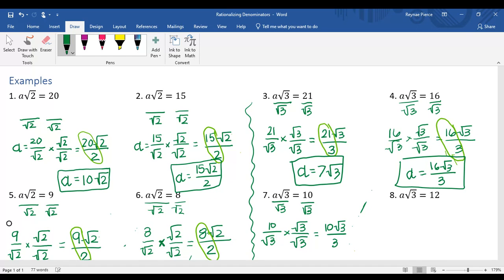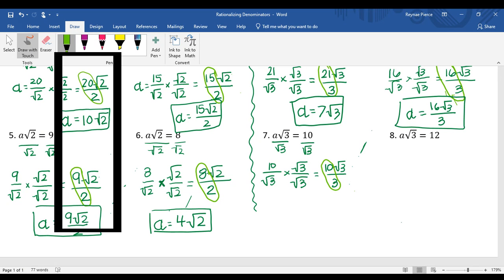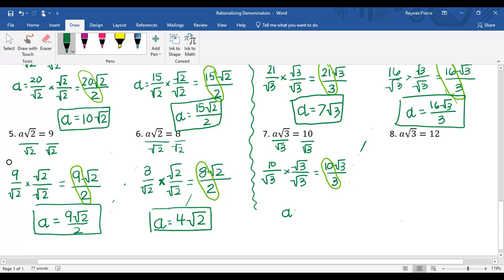In my denominator, I have 3. Is 10 divisible by 3? 10 is not divisible by 3. So since that is not divisible by 3, our final answer will be 10 square roots of 3 over 3. And again, that represents the short leg.